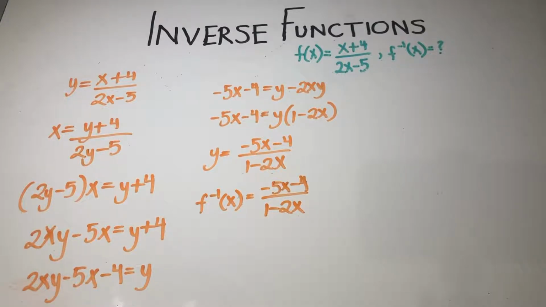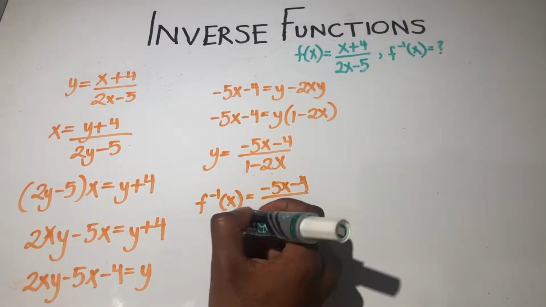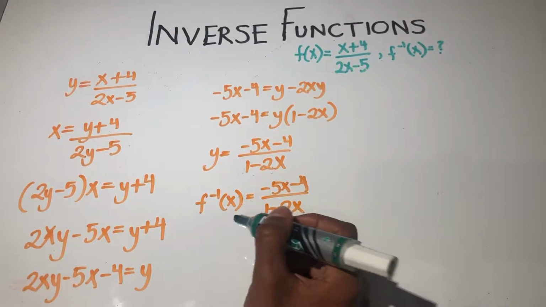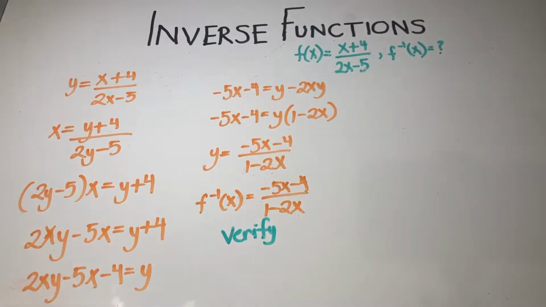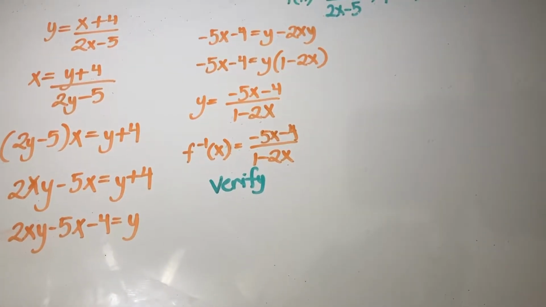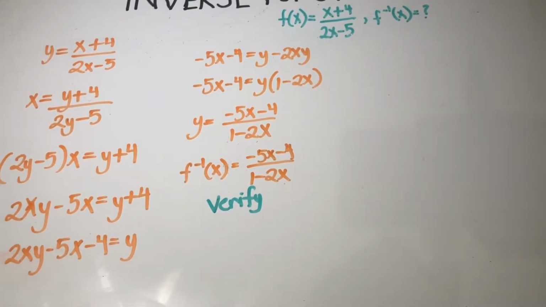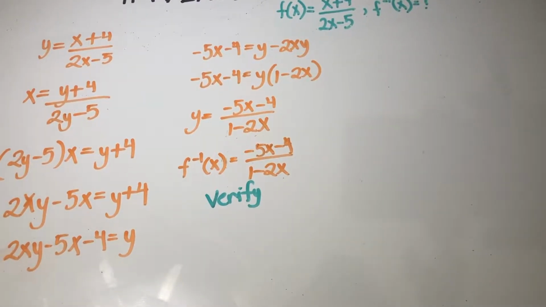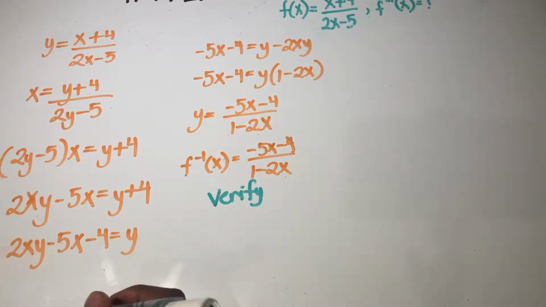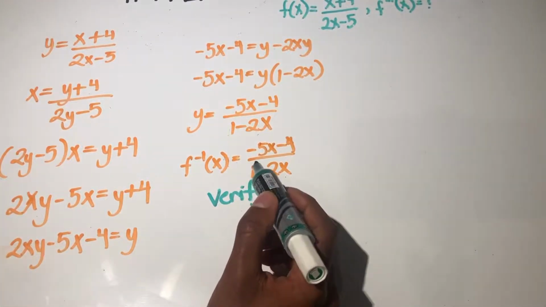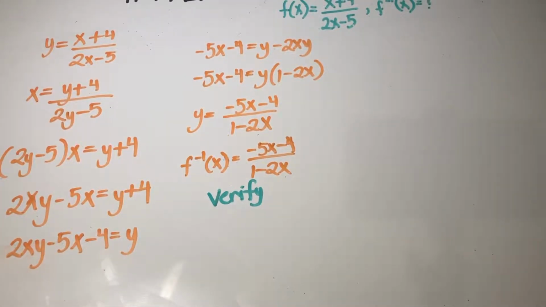Now, we're going to verify to see if we actually found the inverse. So I'm going to use a different color for you to see. I'm going to tilt the camera too. So we have x plus 4 over 2x minus 5, and then we have negative 5x minus 4 over 1 minus 2x.